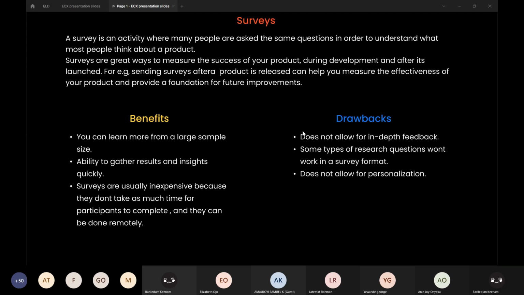Survey limits us to long answer at the highest, and it can never be compared to a one-on-one interview where you have the users in front of you. You can ask whatever question you want from the users and they will answer you, giving you detailed responses.